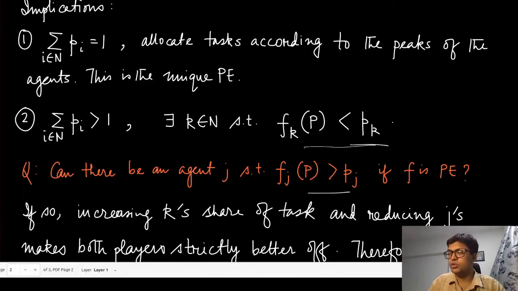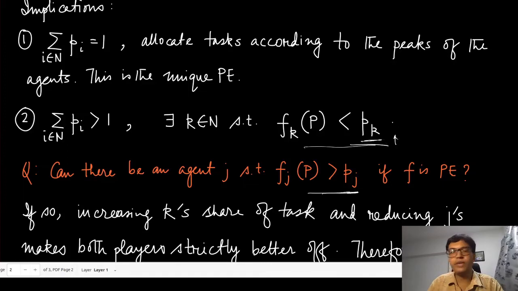Rather, both of them can transfer some of their shares. So the agent with less than its peak would be better off because it now gets a little more share of the task, and because it is single-peaked, it is moving towards its peak and will prefer that more than its current allocation. Similarly, agent j is shedding some of its task and is also moving towards its peak, P_j, so it will also be happier. So F cannot be Pareto efficient if these two things happen.